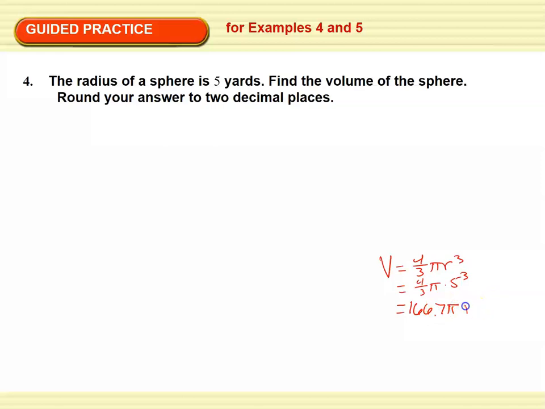And that would be in yards cubed, because we're talking volume. So if you leave it in those terms, otherwise if you multiply it all out, just type it all into your calculator, you end up with 523.60. And again, it's still yards cubed because we're talking volume and the unit is yards.